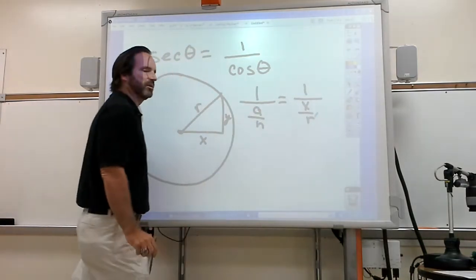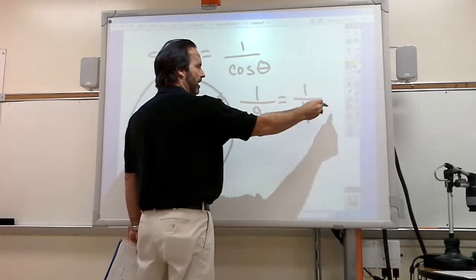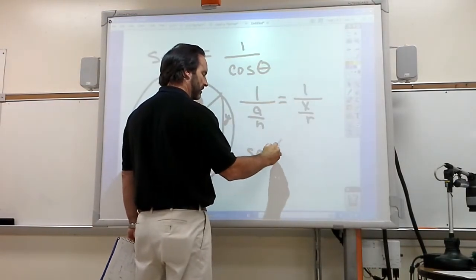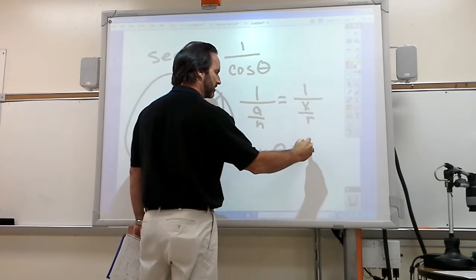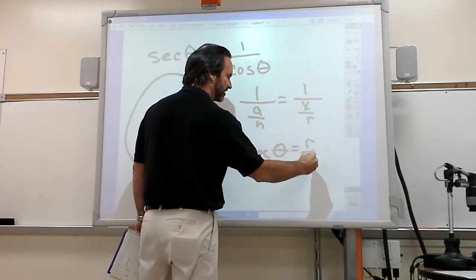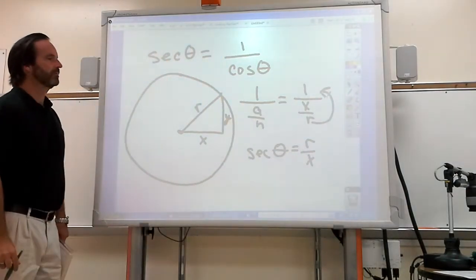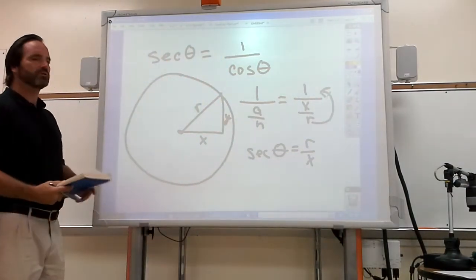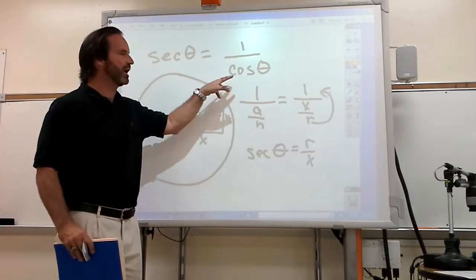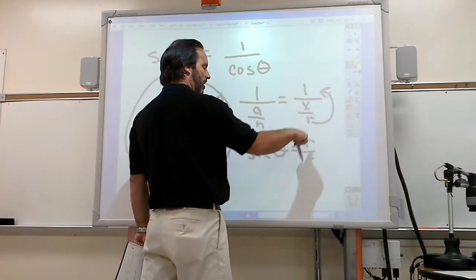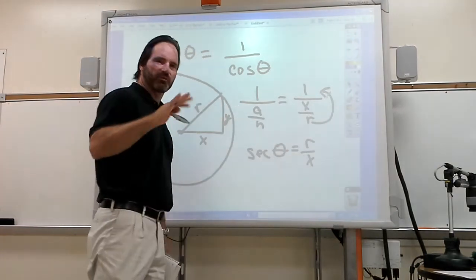So what's going to happen here? This comes up here, so secant theta is r over x, because this comes up here. Okay? Alright. So we know cosine theta is x over r, secant's r over x. They're going to be reciprocals.